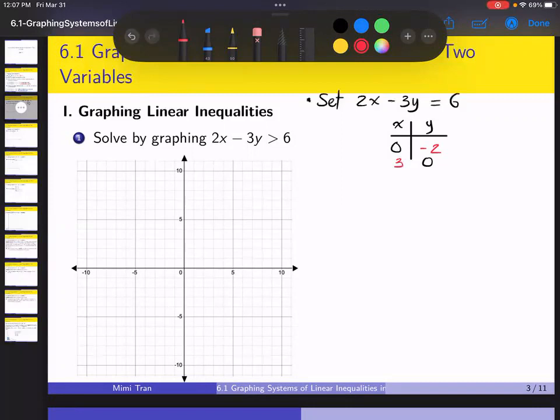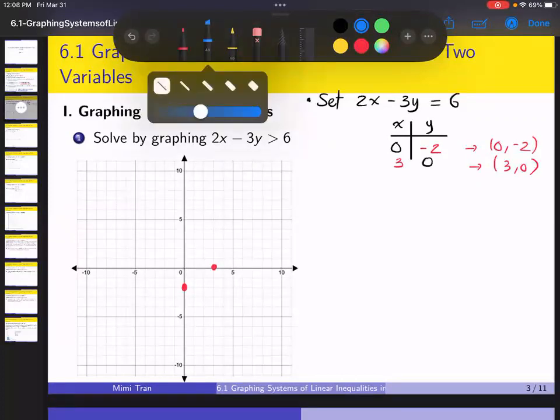You guys okay with this? I have 0, -2 and I have 3, 0. 0, -2 right here, 3, 0 right there. You only need 2 points to make a line.